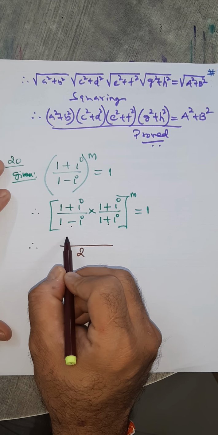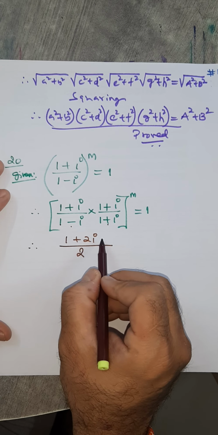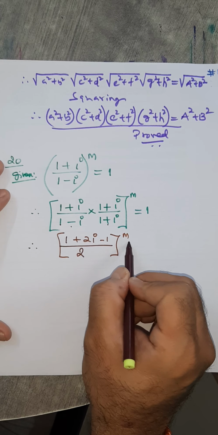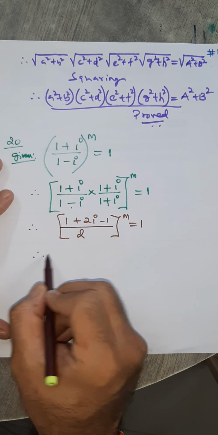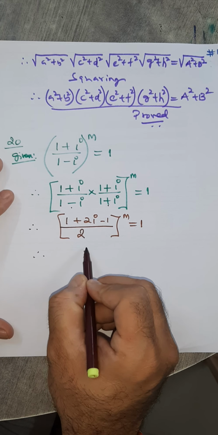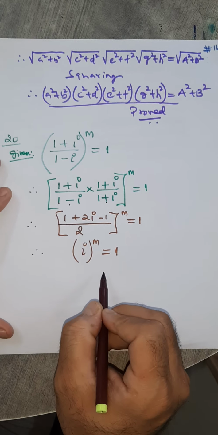What is that? 1 plus 2 iota, and the last term is minus 1. So you are left with 1 going away, and the 2 cancels. You are getting just iota raised to m equals 1.